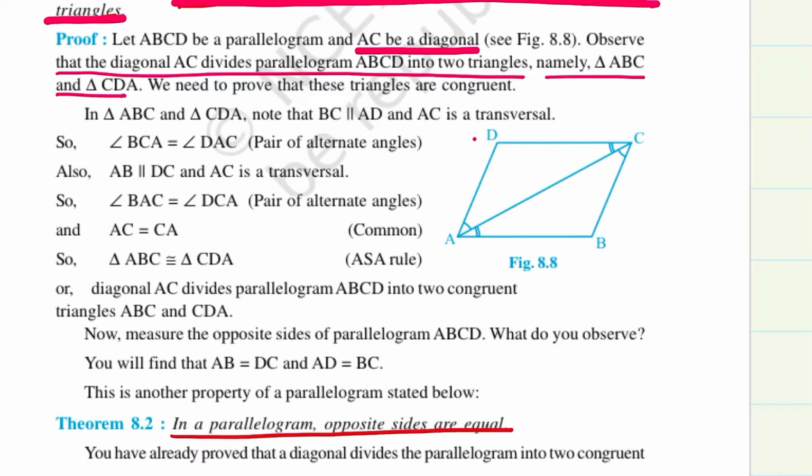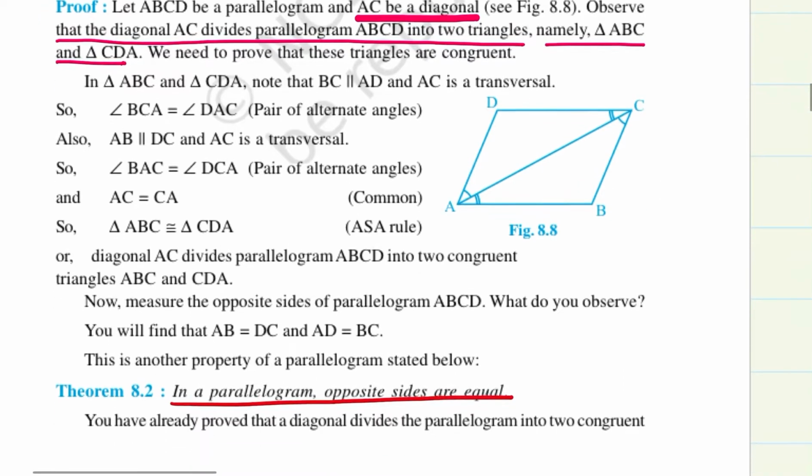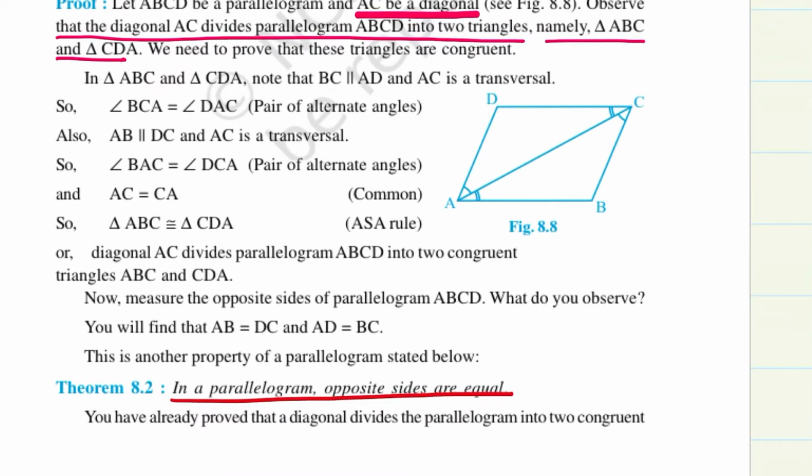ADC, we have the two sides, that is BC and AD, parallel to each other and AC behaves as a transversal. Now, if you work according to the theorem of chapter 6, then we know that the angles formed along the parallel sides are alternate angles on the opposite side of the transversal and they are always equal.